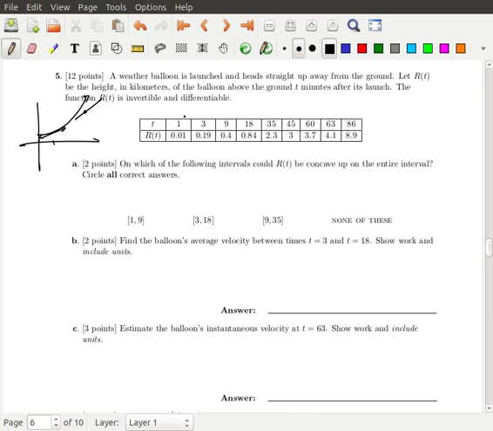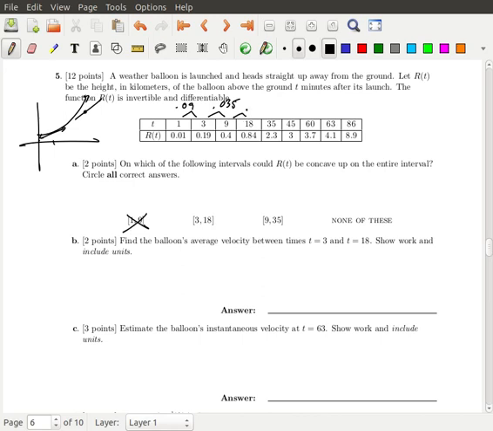And I'll get that this slope here is 0.09. Do the same thing for 3 to 9. 0.4 minus 0.19 divided by 9 minus 3. That's 0.035. So this slope is less steep than this slope, and that indicates it cannot be concave up on 1 to 9.